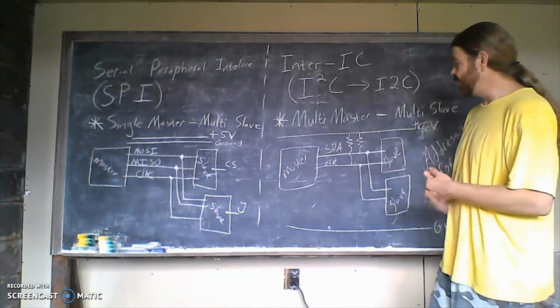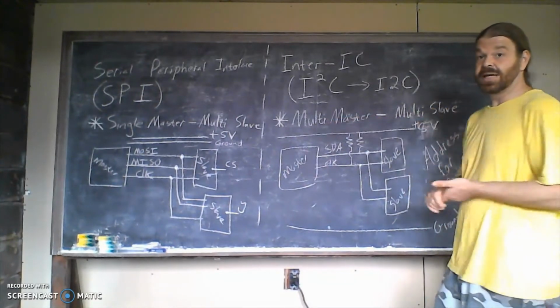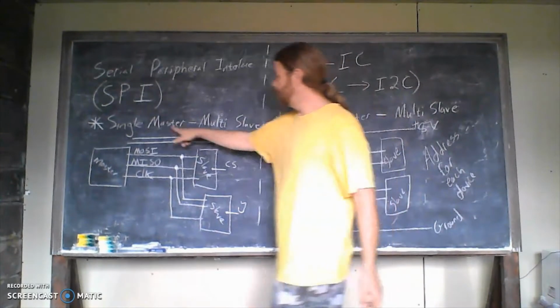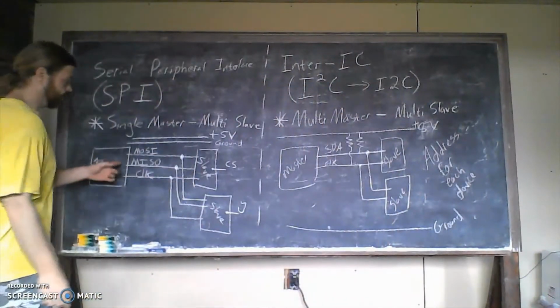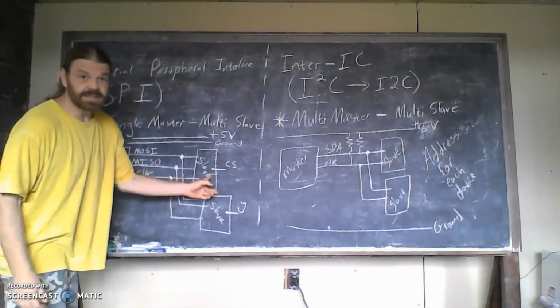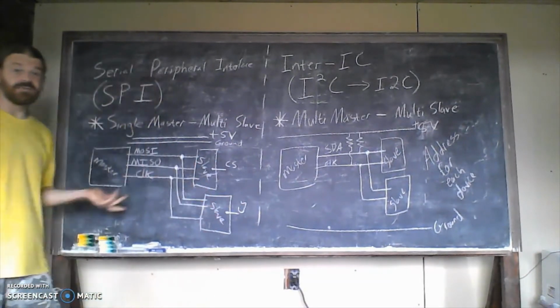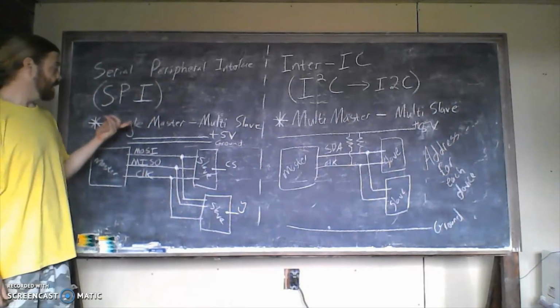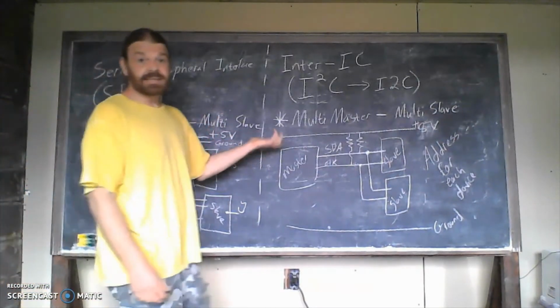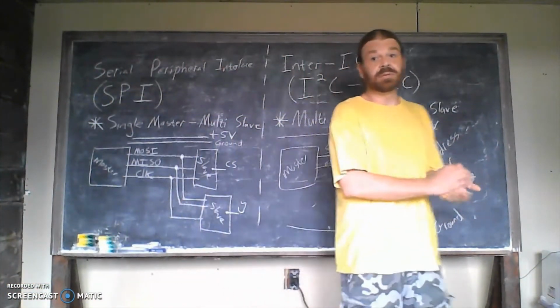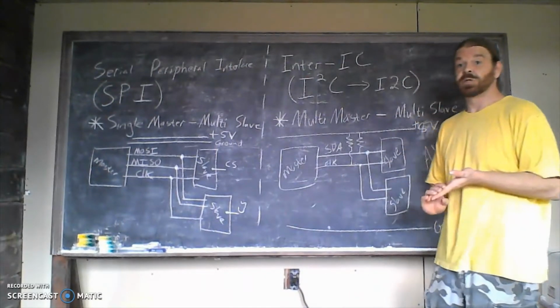So connected with 2 lines, multiple master, multiple slaves, or we need 3 lines plus chip select or slave select for each device on the network. Both have their advantages, so it's kind of a choice as to which one to use.